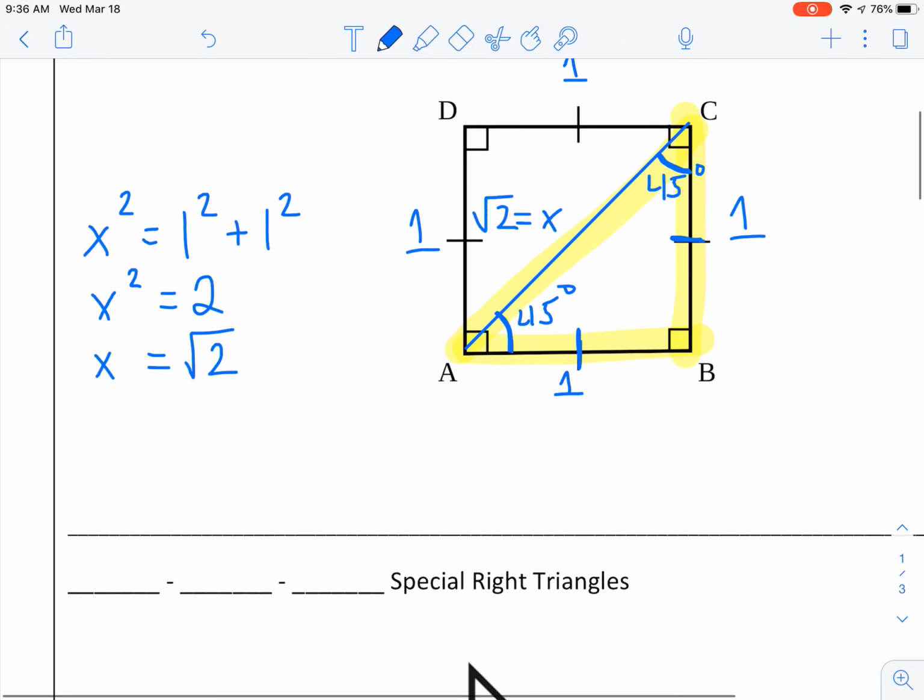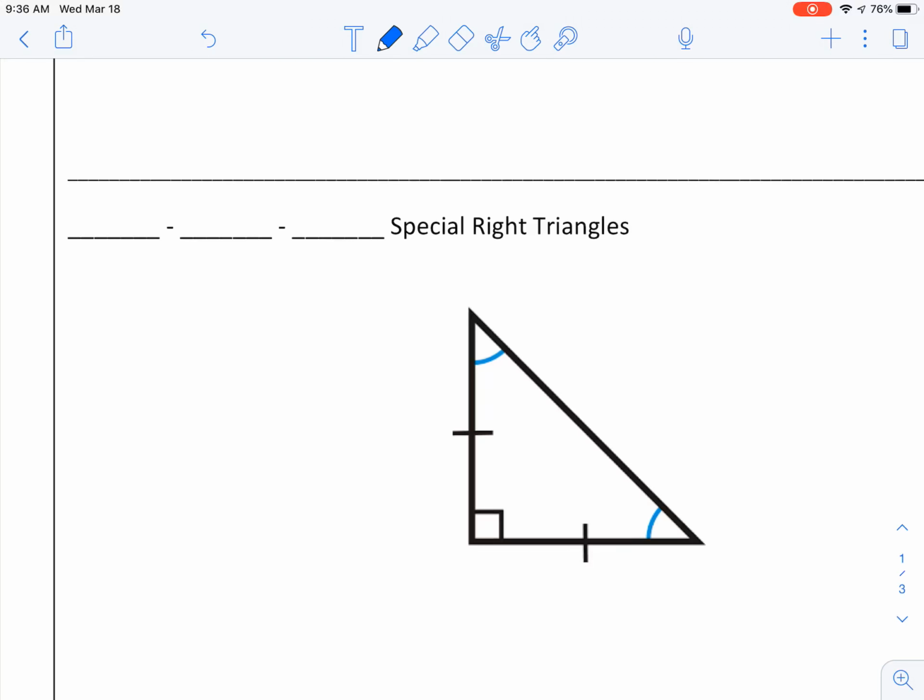So, what we have just come up with is what we're going to call the 45, 45, 90 special right triangle.